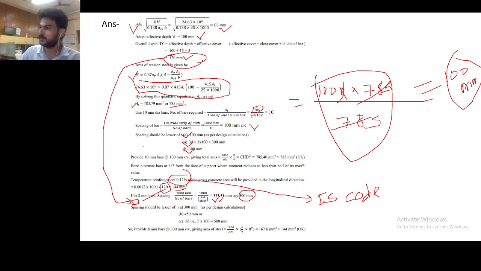Nobody knows how they decide. In that case you will be provided with paper and some xerox of IS code pages, and then you have to solve the problem. No worries, in that xerox all the formulas required to solve the paper will be given. You only have to remember the basic formulas.